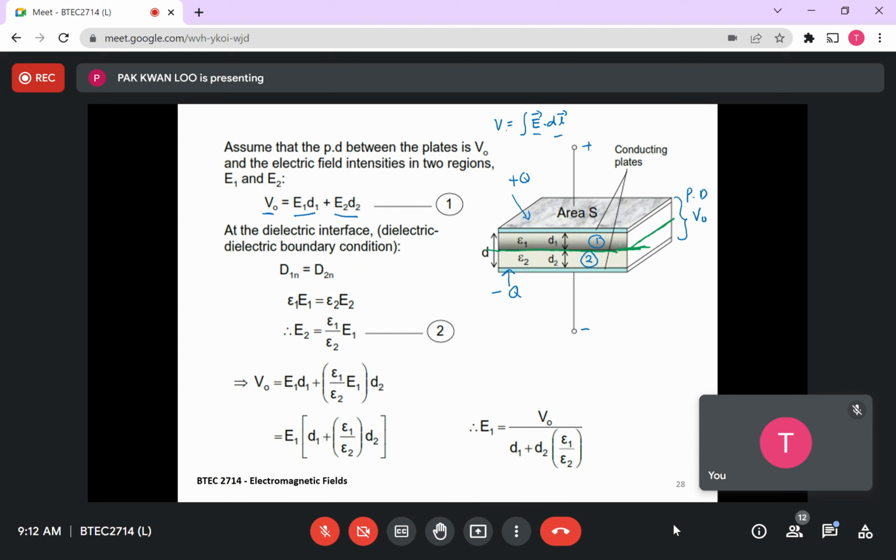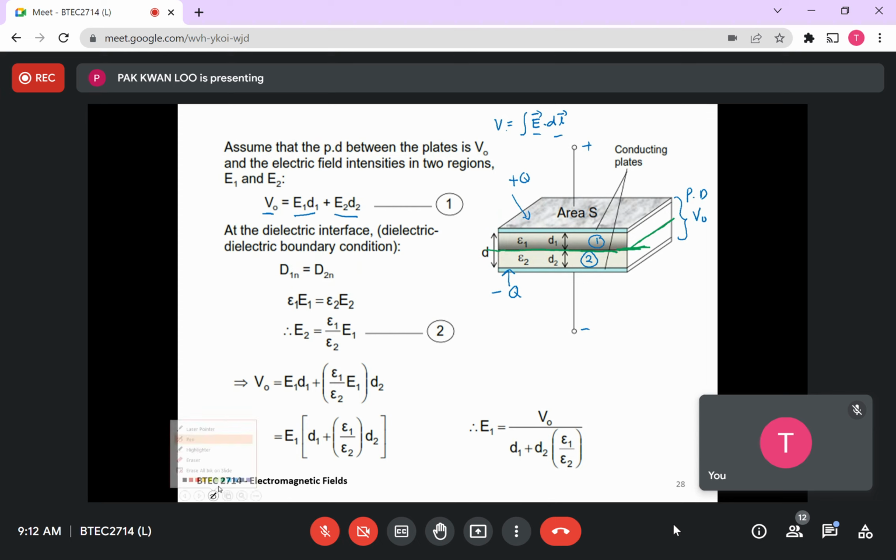Again, the plates are assumed to be infinite with respect to the distance d, and with such a condition the electric field must be perpendicular to the plate.